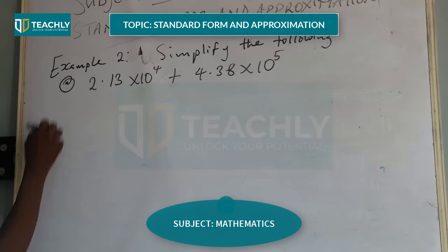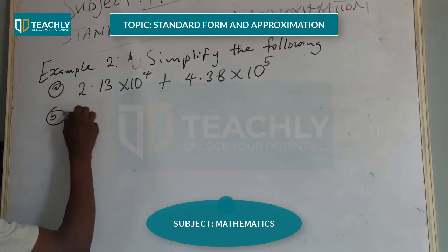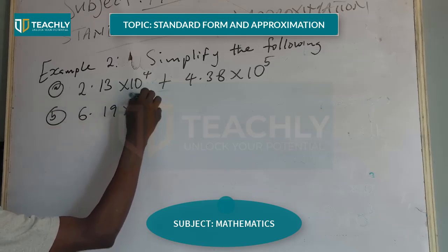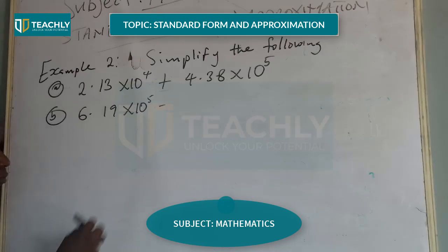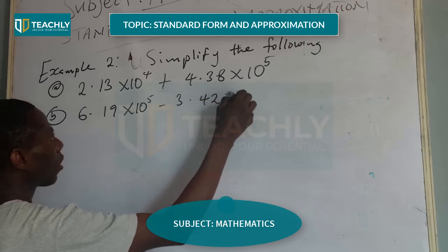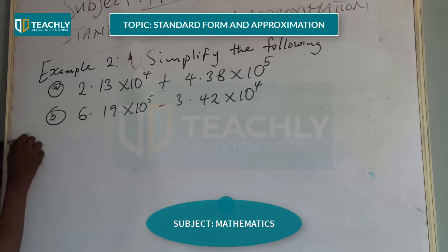Then we have B: 6.19 times 10 to the power 5 minus 3.42 times 10 to the power 4. So let's look at this example, A for addition, then B for subtraction, under the addition and subtraction of standard form.